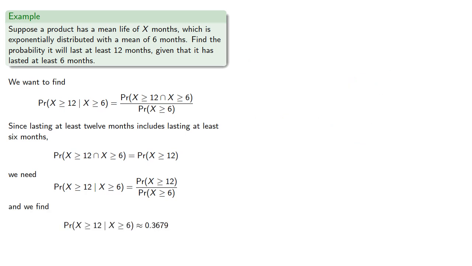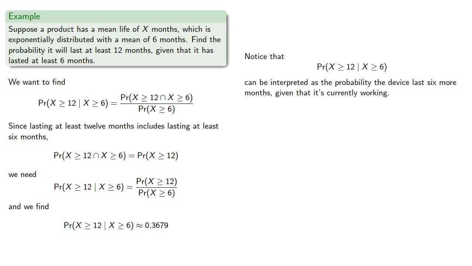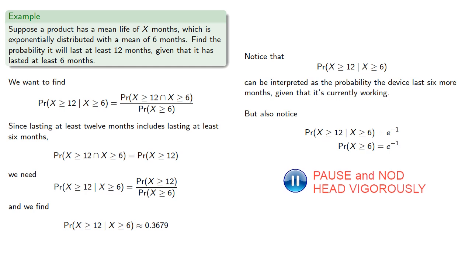Now, notice that the probability that x is greater than or equal to 12, given that x is greater than or equal to 6, can be interpreted as the probability the device will last 6 more months, given that it's currently working. But also notice that when we computed these probabilities, we found the conditional probability and the probability that x was greater than or equal to 6 were the same.